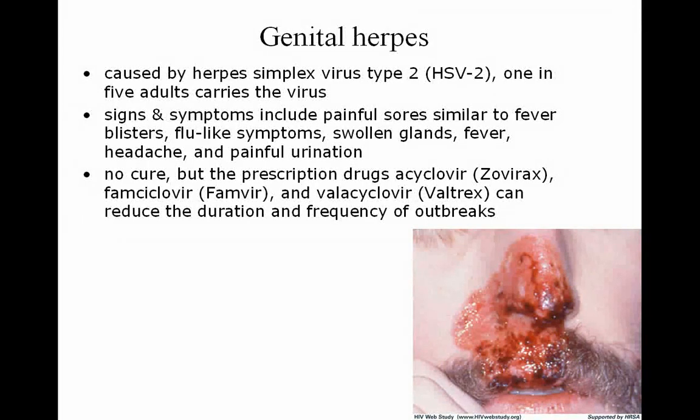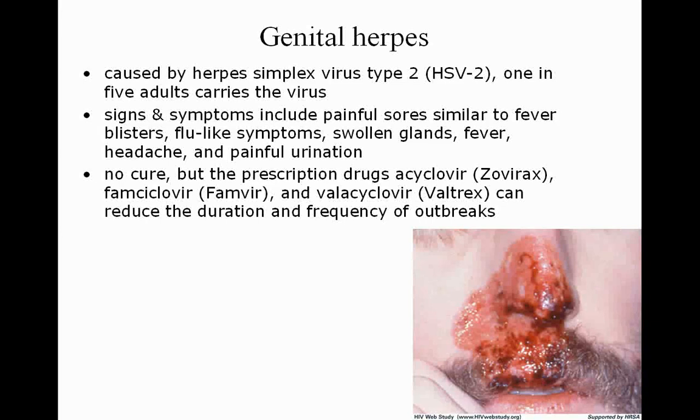There are prescription drugs that can be taken, and I've listed some of these with their generic and brand names, like Zovirax and Valtrex. Again, these drugs do not cure, but they do reduce the duration and the frequency of the breakouts, the time that the person is going to have the actual blisters. Again, it's a systemic infection.